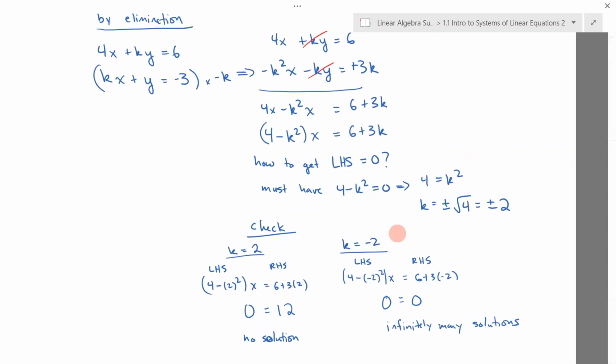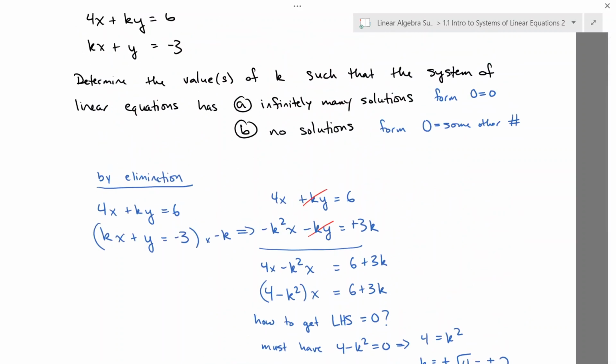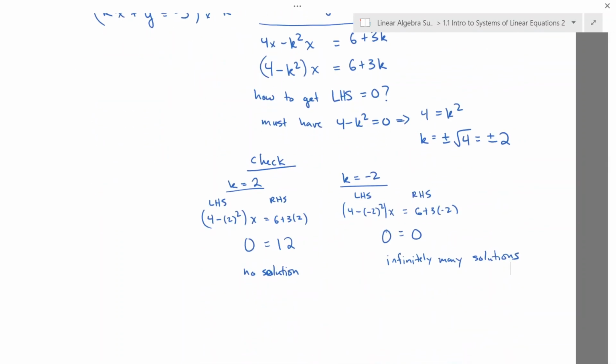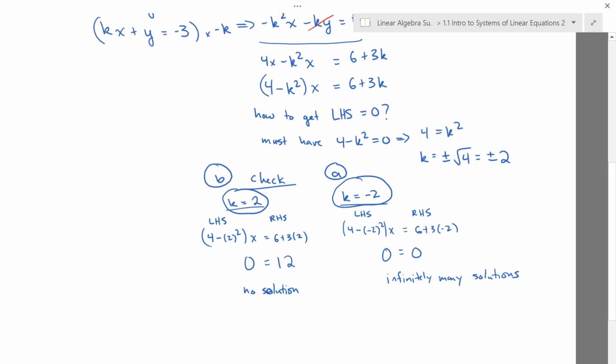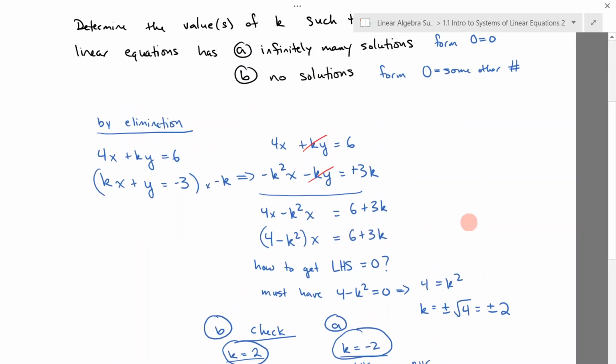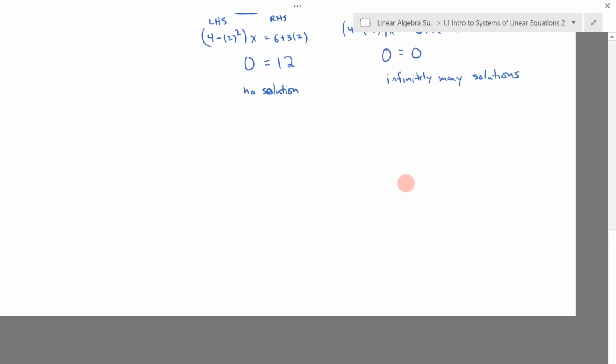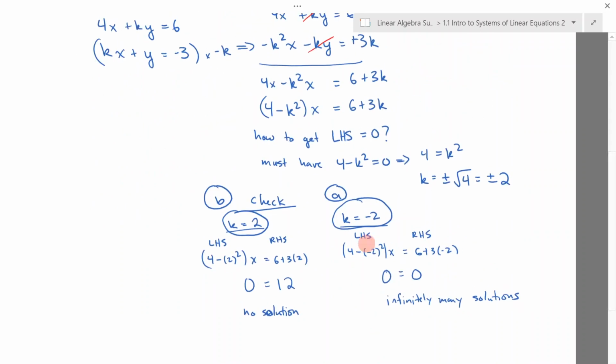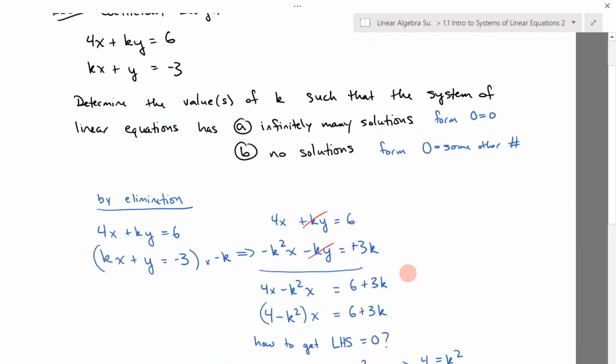So we see that the infinitely many solution case is this one. So this is the answer for A, and this is the answer for B. Okay, so that's example 5.